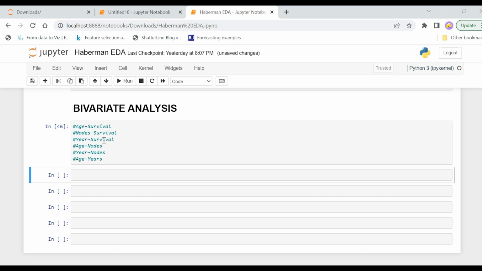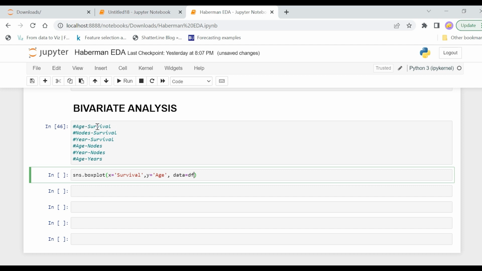So starting from age and survival, let us do the box plot here. Here we can use sns.boxplot, where you put x equal to survival, y equal to age, and data equal to df.